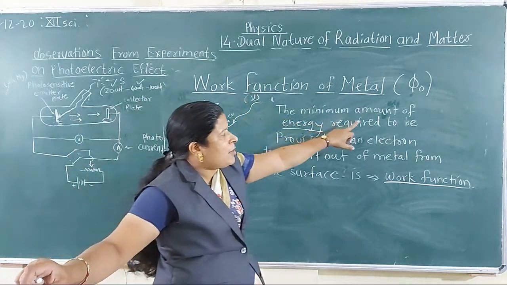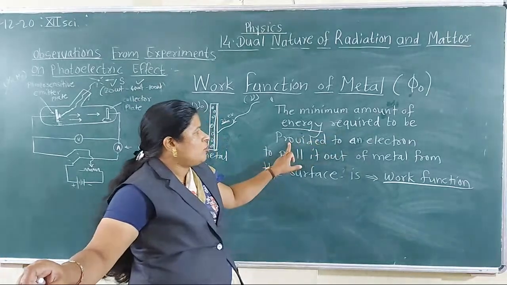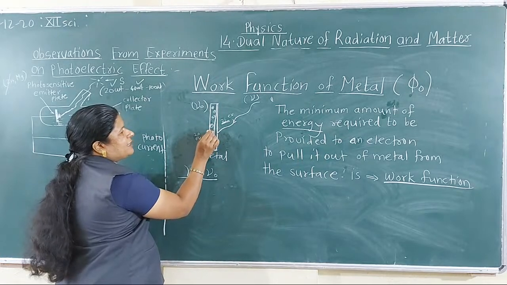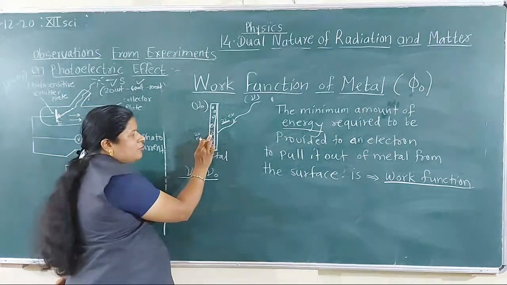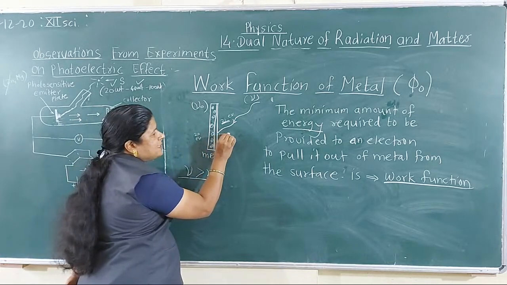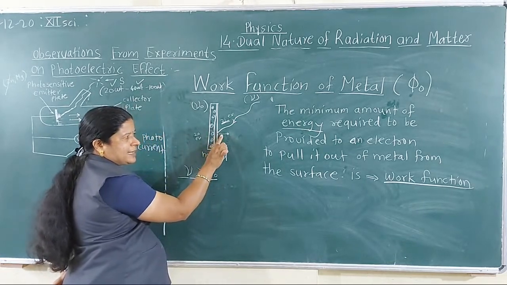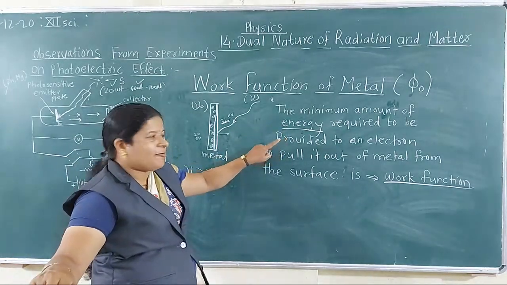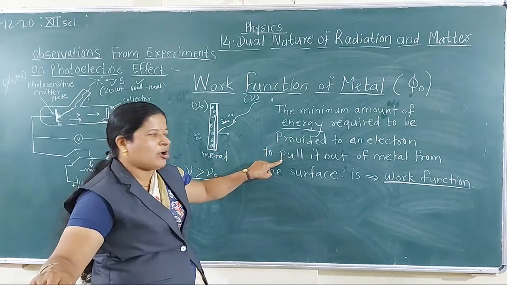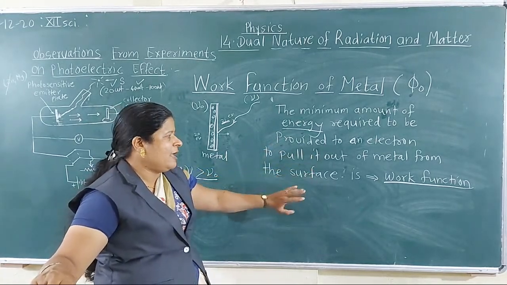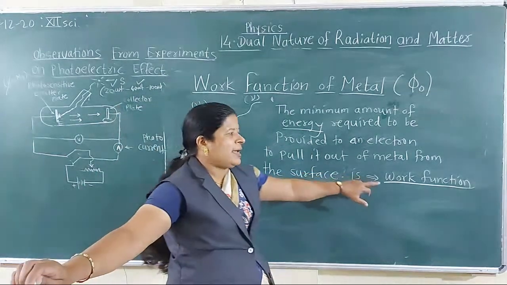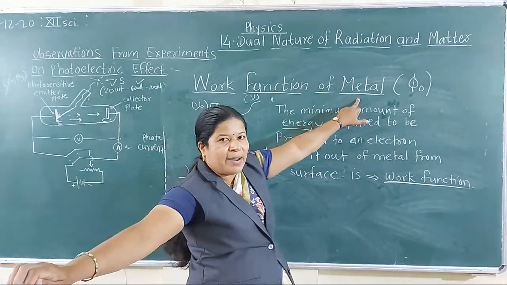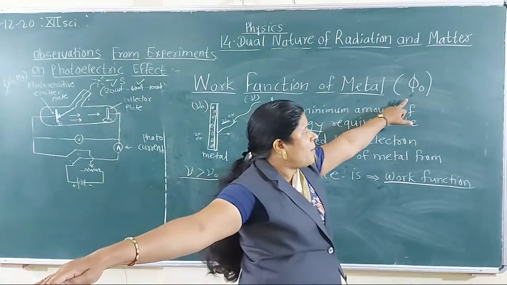So the minimum amount of energy required to be provided to an electron, 1 electron volt in this case, is sufficient for these electrons to come out from this metal surface, and the electrons are ejected. So the minimum amount of energy required to pull an electron out of a metal from the surface is called the work function of a metal, and it is denoted by phi 0.